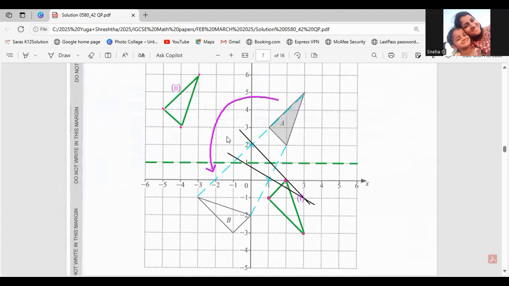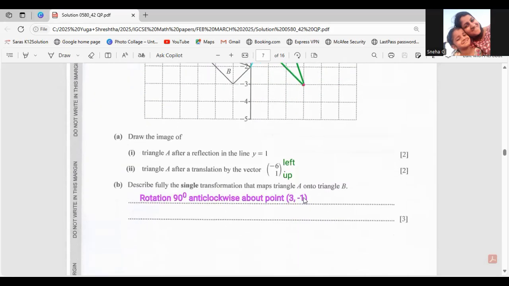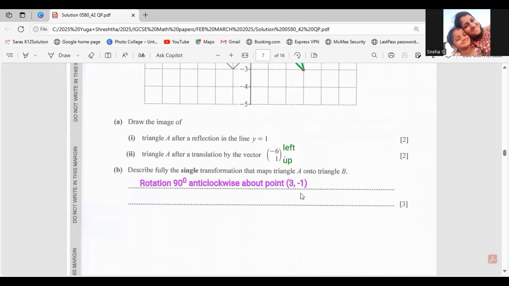And then this is the perpendicular bisector which is drawn to this line. I have done this using the protractor. What other thing you can do is you can do this with the help of butter paper also and figure out the point of rotation. So here, since the two perpendicular bisectors are meeting at this particular point, x coordinate 3 and y coordinate -1 is the center of rotation.